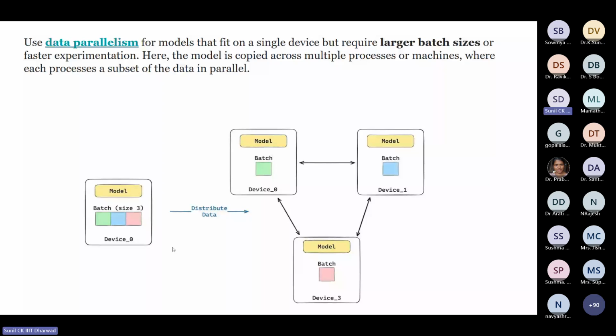For example, you want to train certain models. We have independence here. Your model can run independently with respect to the data. That can run on different devices, right? Like federated learning, something like that.